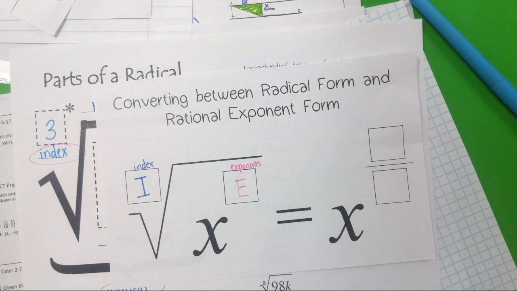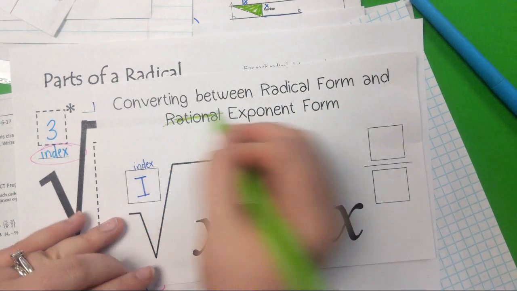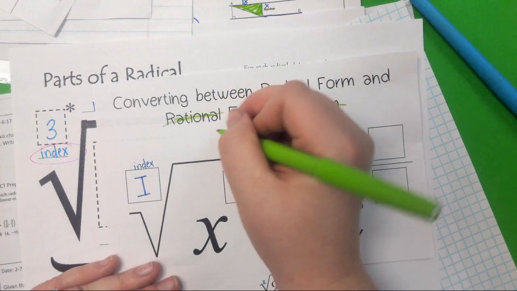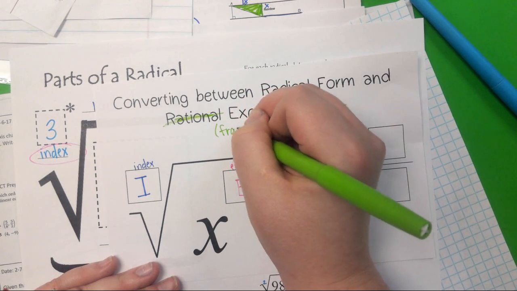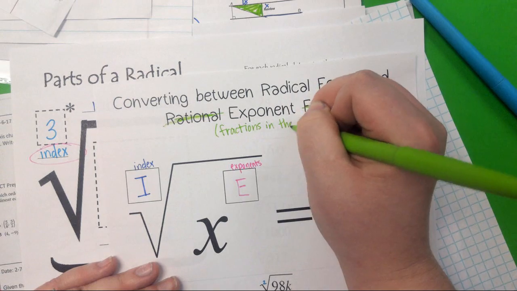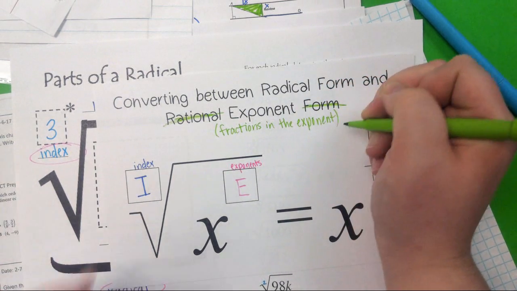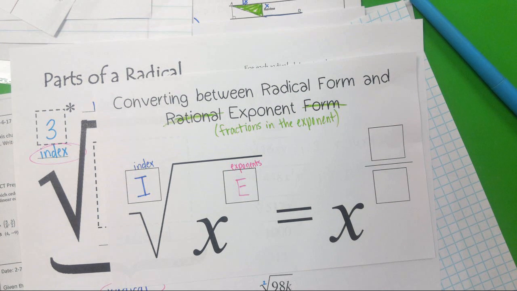Okay, and if we wanted to know what these words meant, because we got radical, but what is rational form? All that really means is we want fractions in the exponent. It's okay to raise something to the 5/3, to the 3/4, to the 7/5.